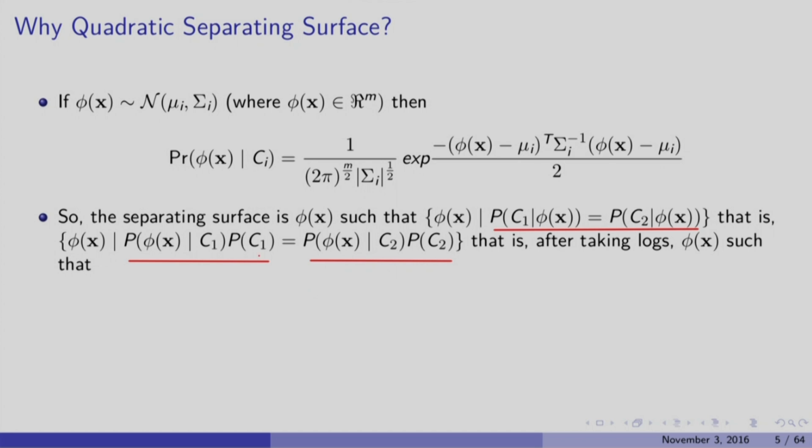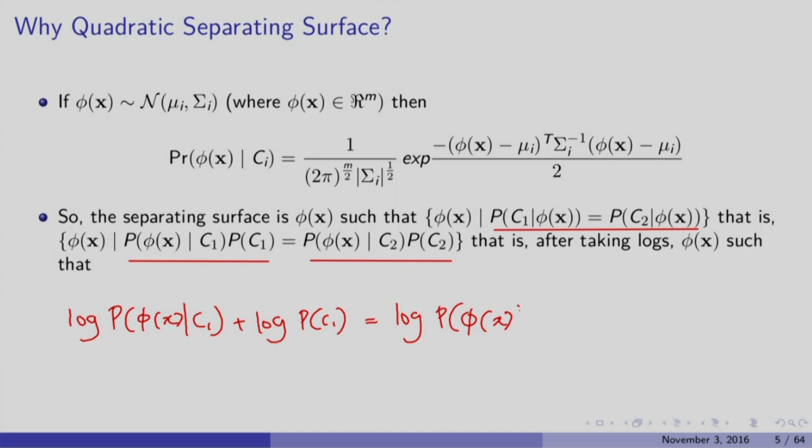Now this would mean that even with logs you should have equality, so which means log of probability of phi x given C1 plus the log of probability of C1 should equal the log of probability of phi x given C2 plus the log of probability of C2.